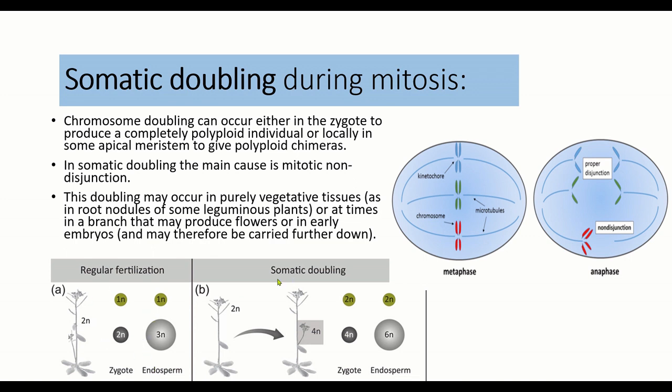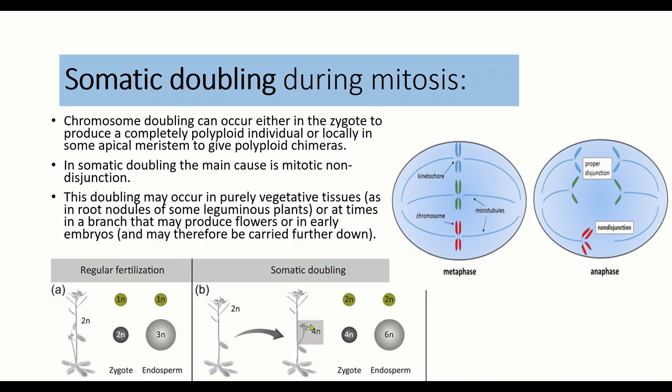While in case of somatic doubling, the 2n somatic cells will double, maybe in one of the branches which bears the flowers, from diploid into tetraploid.